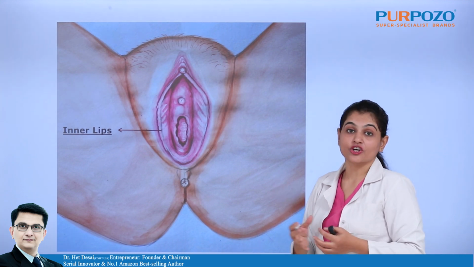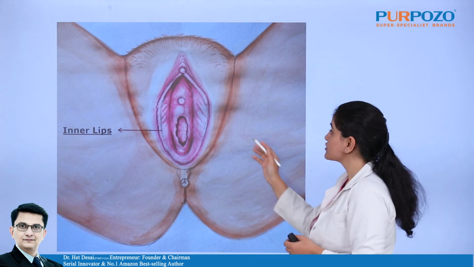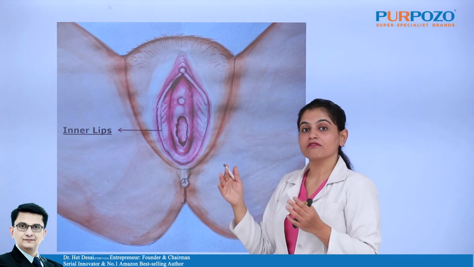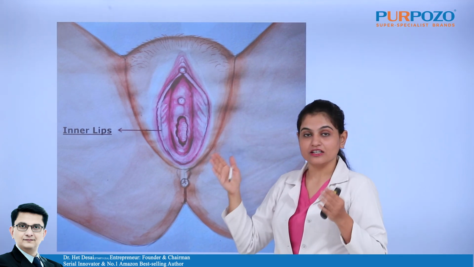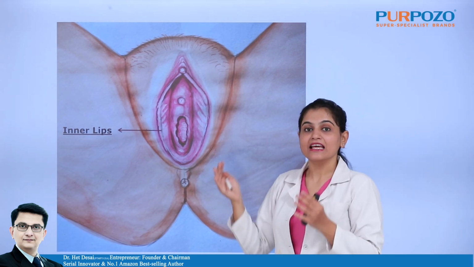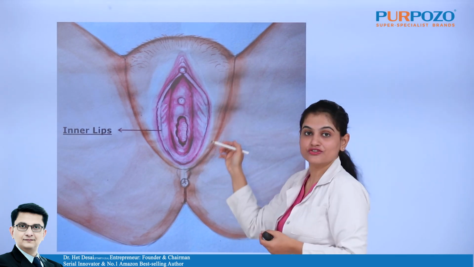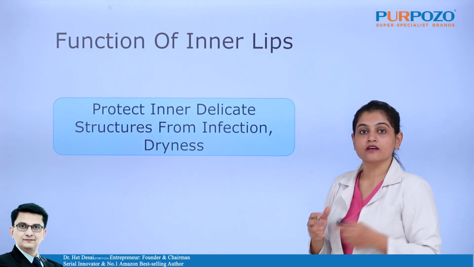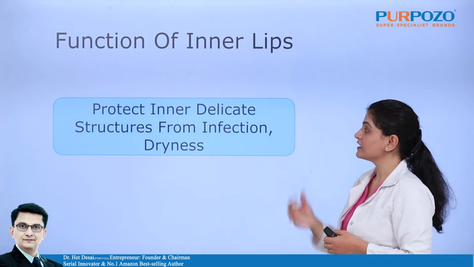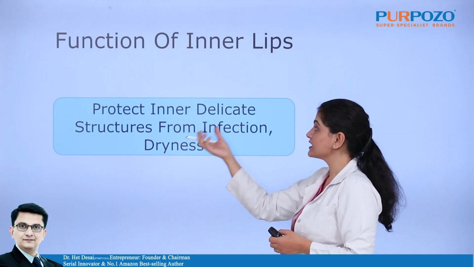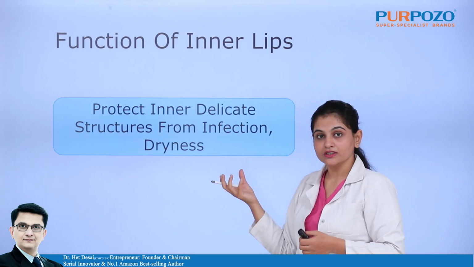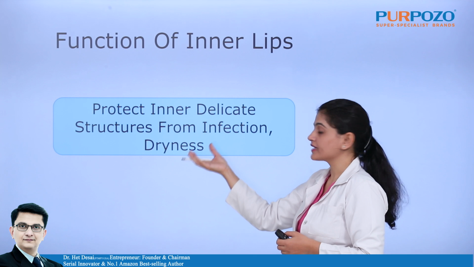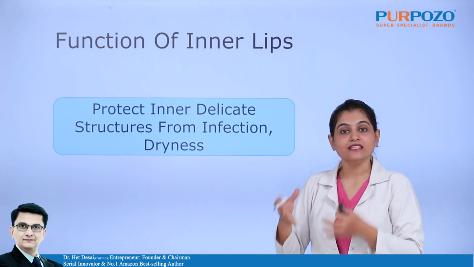So, you can understand that the vulva is basically a larger area, and in the vulva we have different structures. As we discussed, the function of the inner lips is to protect the internal delicate structures and also to protect them from infection and dryness.